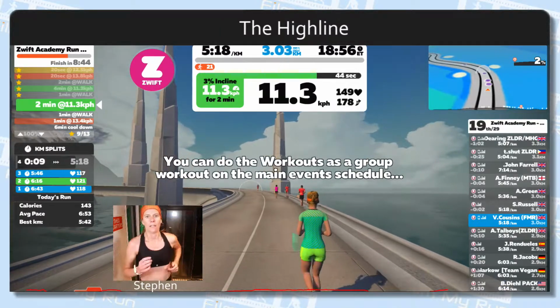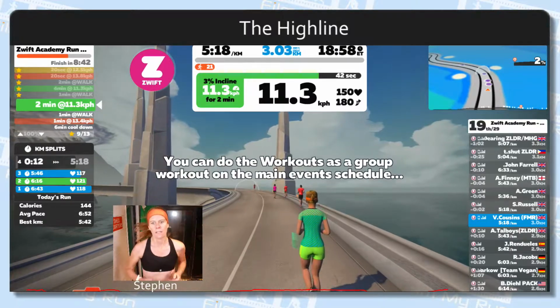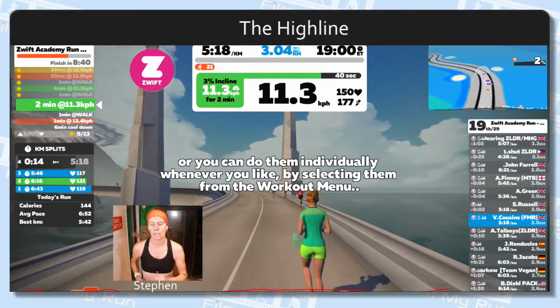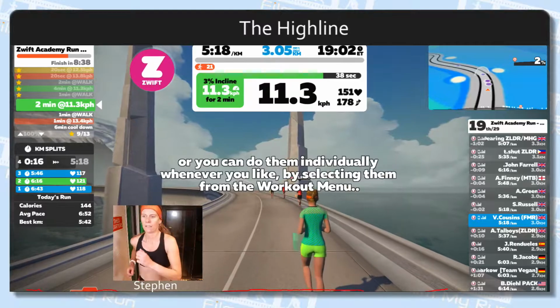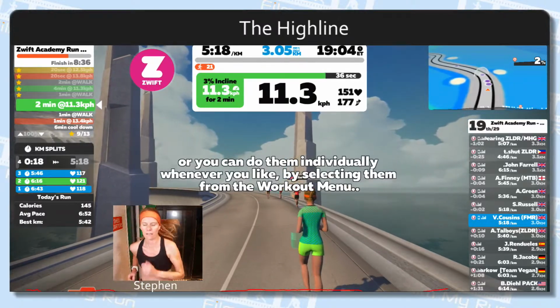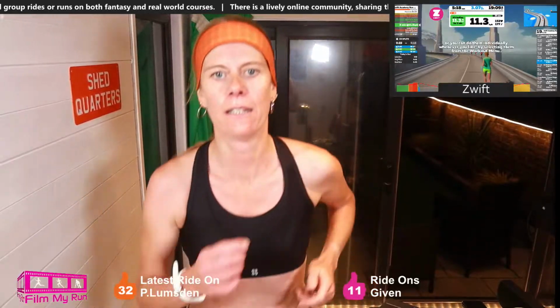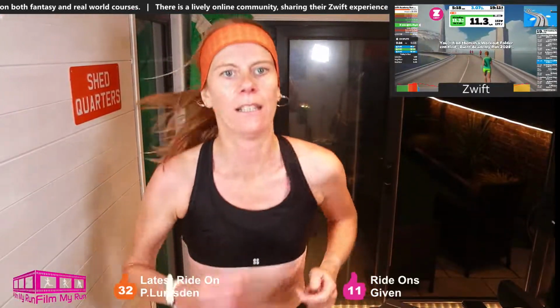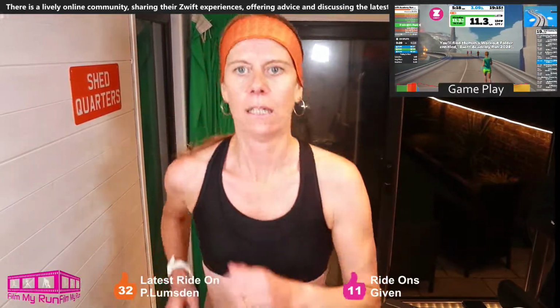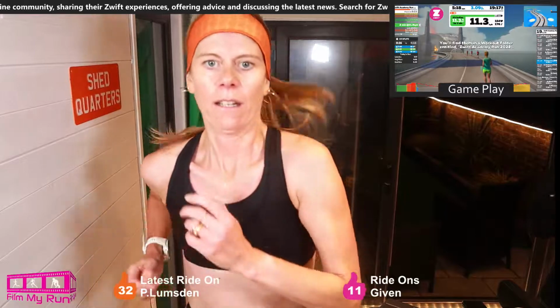It doesn't matter which workout you do, you will still be able to qualify for the run team at the end, if that's something that you're interested in. The Zwift team from 2020 are currently in Berlin, and they will be running the Berlin Marathon on Sunday.